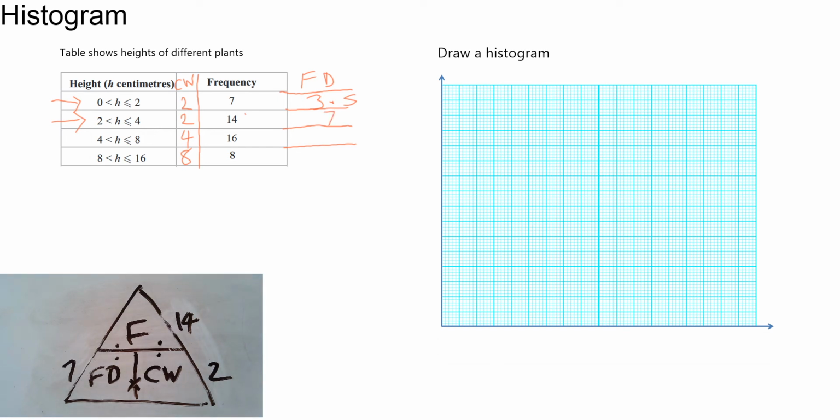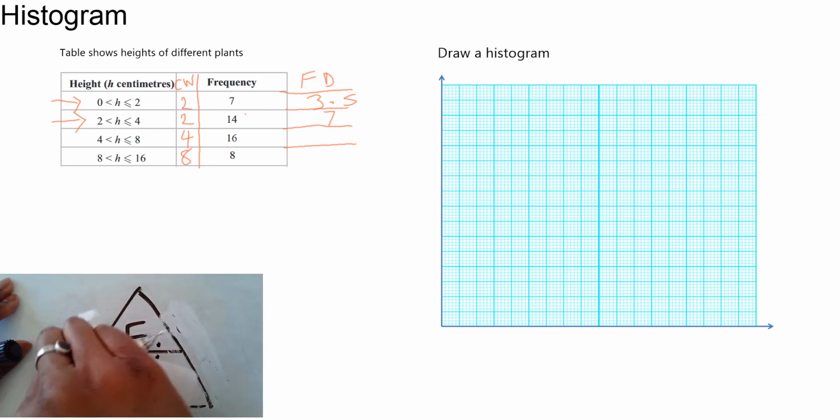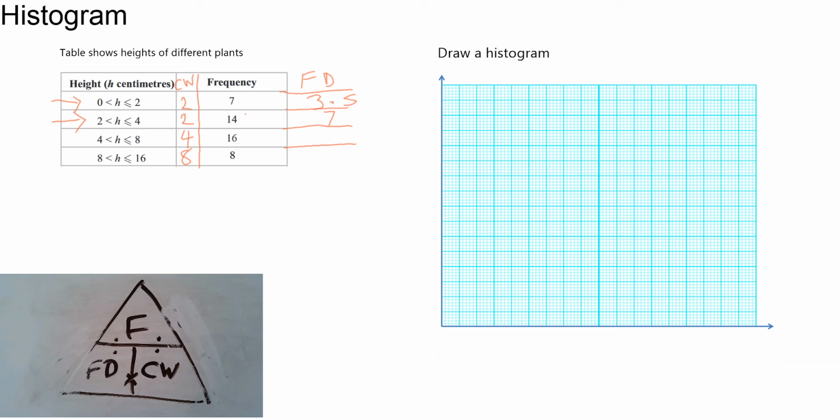And then I can do the next calculations very quickly. Imagine yourself substituting these values into the triangle. You've got 16 divided by 4, 4. 8 divided by 8 is 1. So these are my frequency densities.